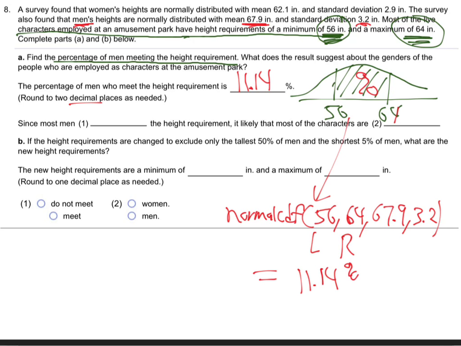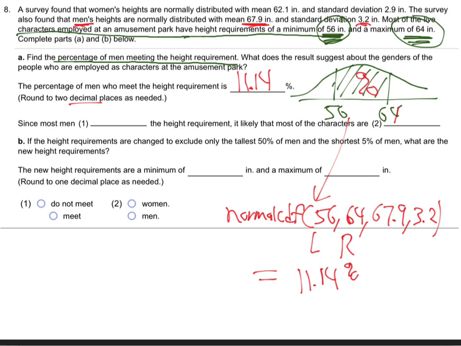So only 11% of men would have heights that are basically short enough to wear those costumes. Most men would not be able to fit in that costume based on their heights, because it only goes up to 64 inches. What's 64 inches? 5'4", is that what it is? Yeah, so any man taller than 5'4" would not be able to fit in the costume.